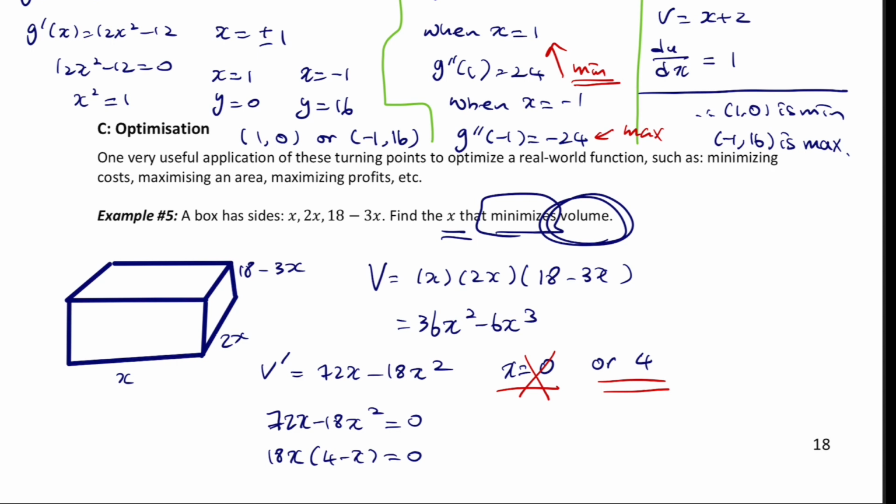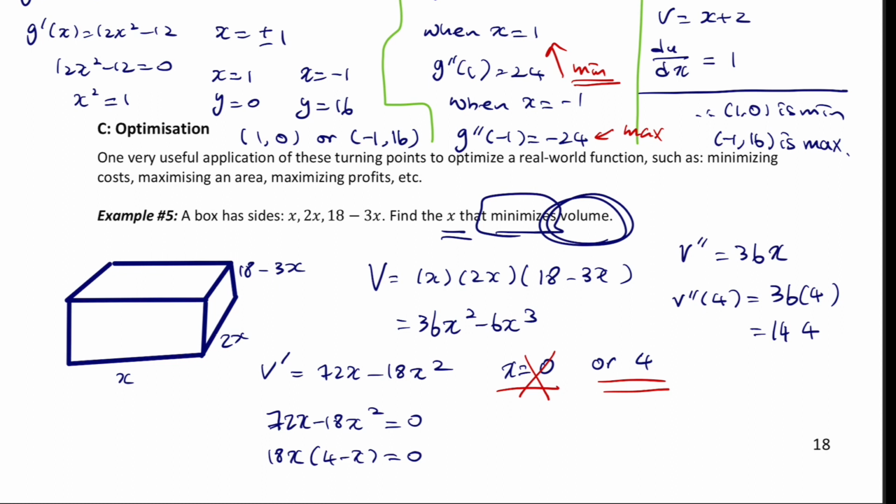To do that, we first have to find the second derivative of the function V of x. The second derivative of function V of x is the same as 36x, right? Then when the x value is equal to 4, 36 times 4 is 144.